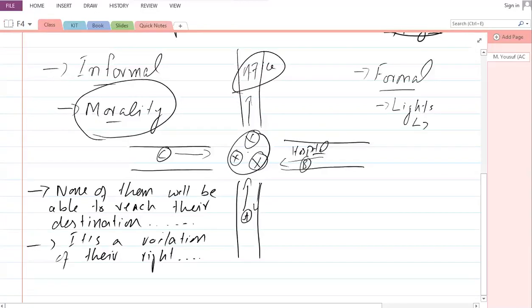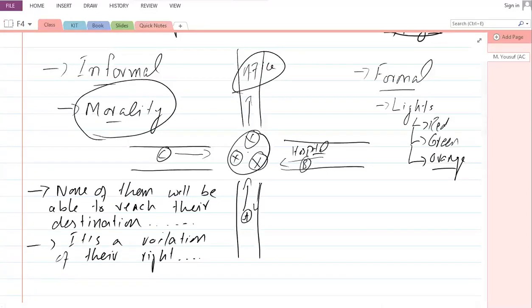There is a red light, there is a green light, there is an orange light. So everyone knows what red light means. Red light means that you are going to stop for a moment. Green light means now you can go forward. Orange means be ready.